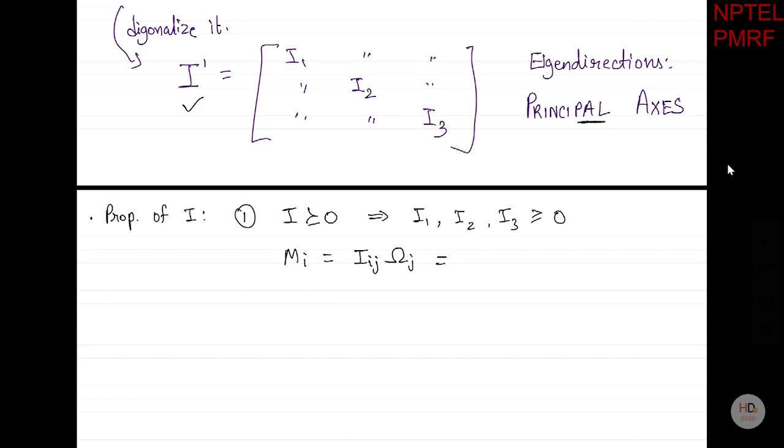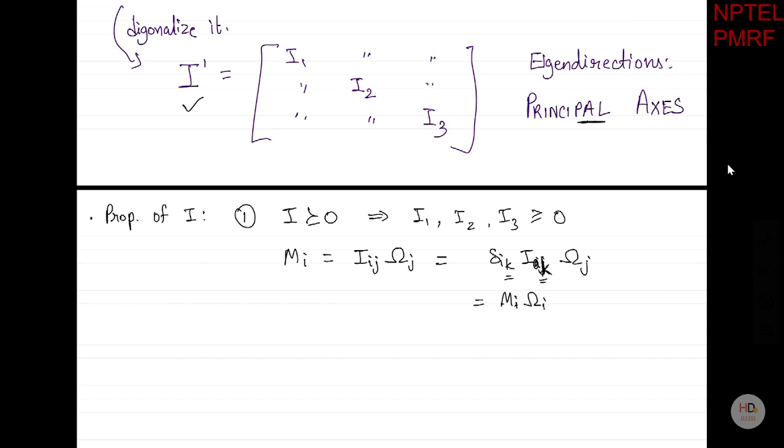And this can be written as delta_ik I_k... no, this will be just I_k because we are summing over k. So at the end this becomes just I_i omega_i, or I_j omega_j, whatever you want to call it.